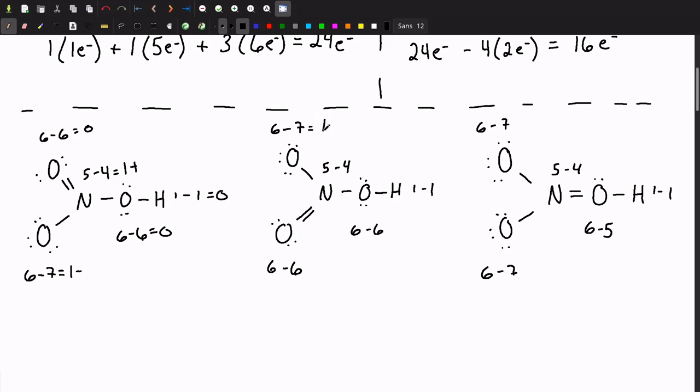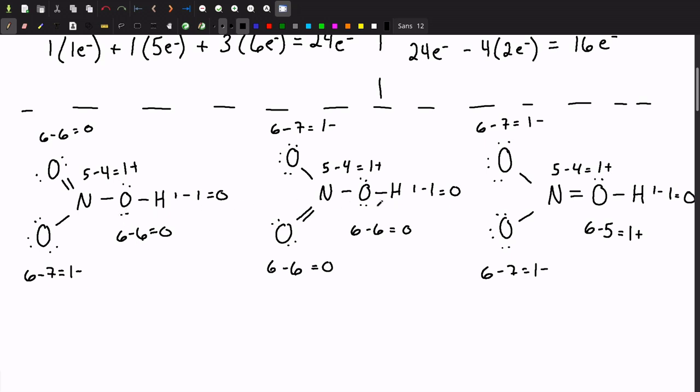So altogether we get a 1 minus here, 0, 1 plus, 0, 0, 1 minus, 1 plus, 0, 0, 0, 1 minus, 1 minus, 1 plus, 1 plus, and 0. So we can see that over here, no matter what, we're going to wind up with some formal charge.